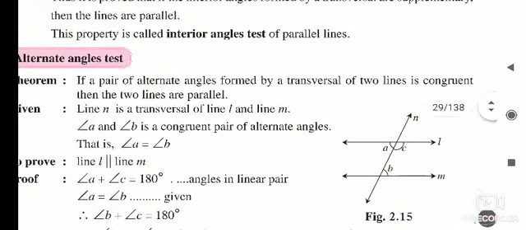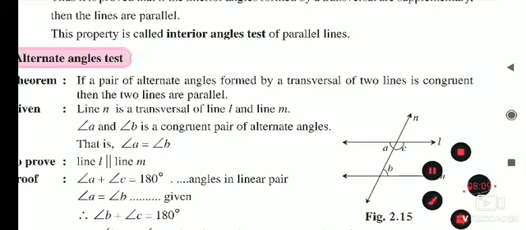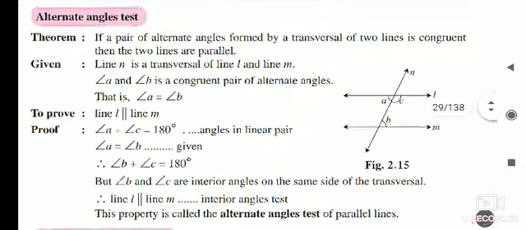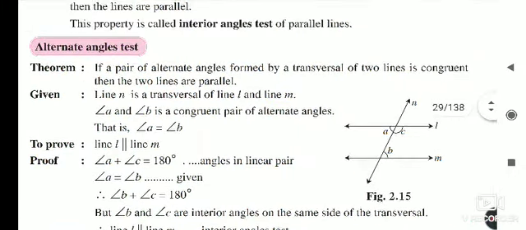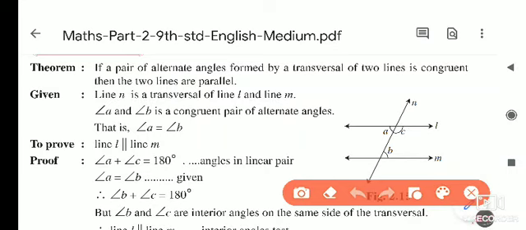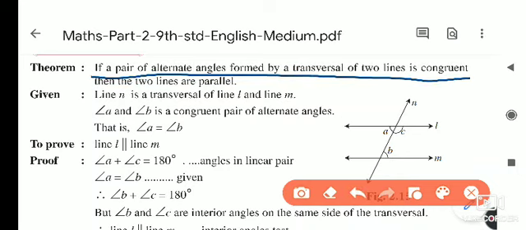Now the next property is the alternate angles test. In the alternate angles test, if a pair of alternate angles formed by a transversal of two lines is congruent, then the two lines are parallel. What they told you is, if a pair of alternate angles formed by a transversal is congruent, then the two lines are parallel to each other.